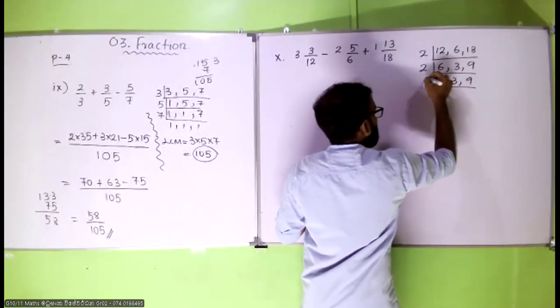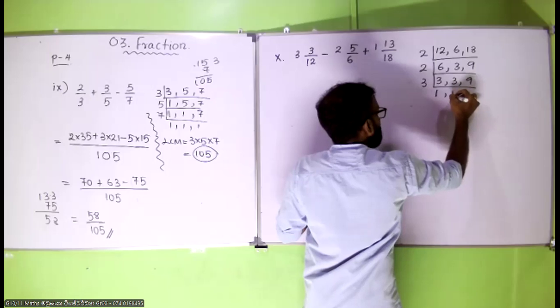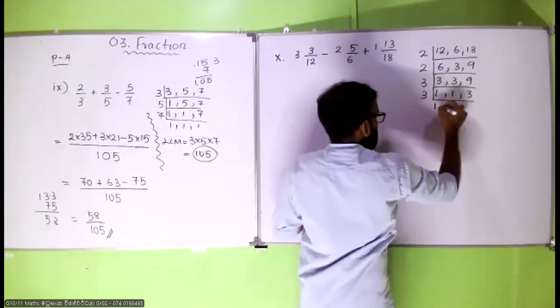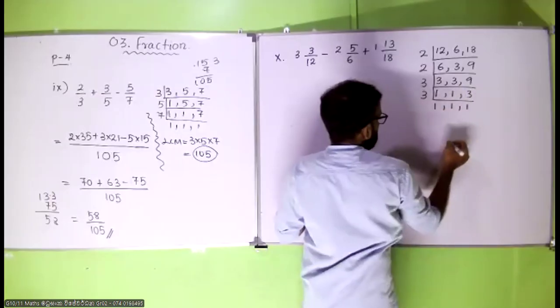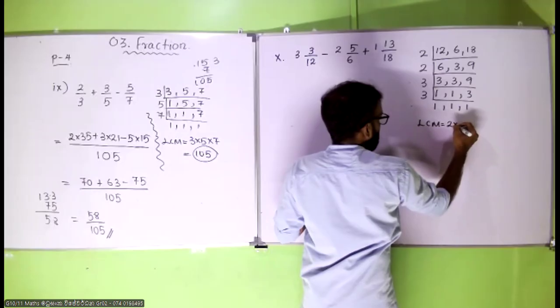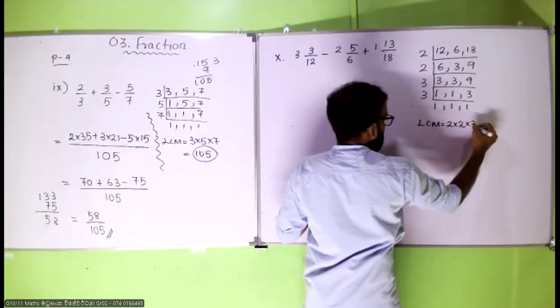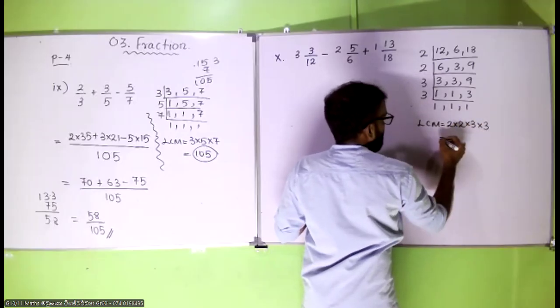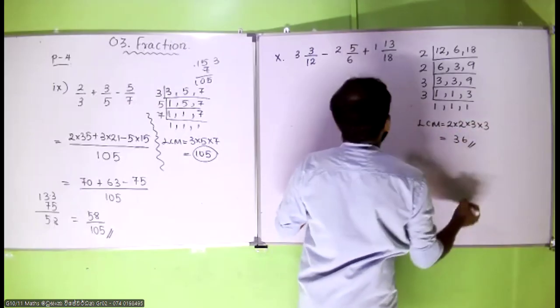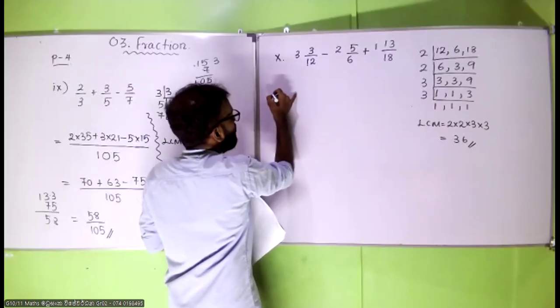Then I can use 3: 3, 1, 1, 3. Again 3, 1, 1, 1. So the LCM is 2 times 2 times 3 times 3. 2 times 2 is 4, 4 times 9 is 36. Your LCM will be 36. That is your common denominator.